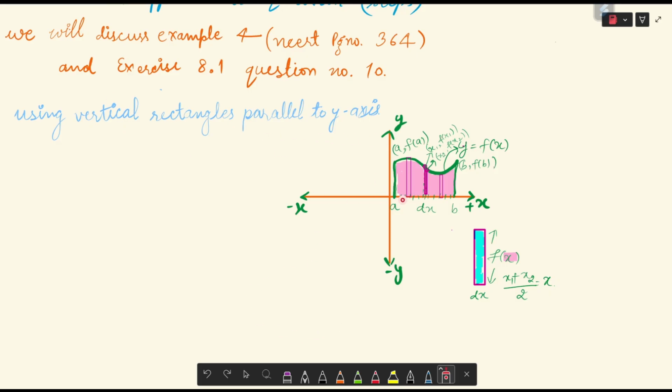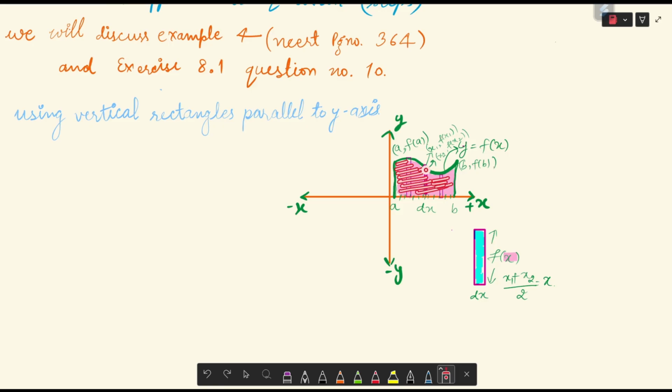Here you are seeing a figure which says there is a function y is equal to f of x. Then x is equal to a, a straight line, and x is equal to b is another line. Now you have to find the area between these curves.